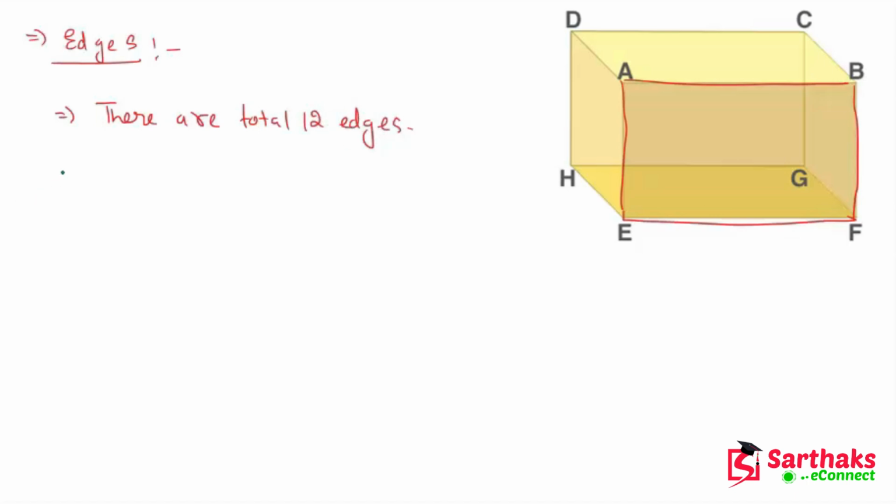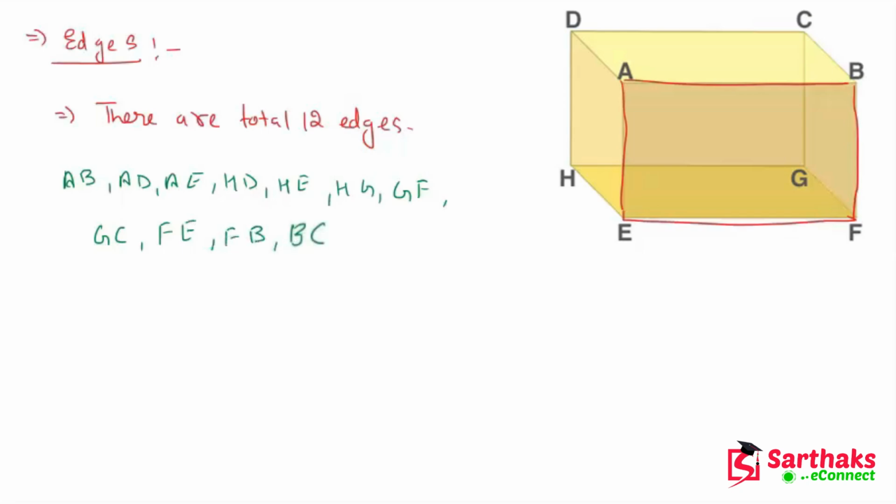So what are these? They are AB, AD, AE, HD, HE, HG, GF, GC, FE, FB, BC, and CD.